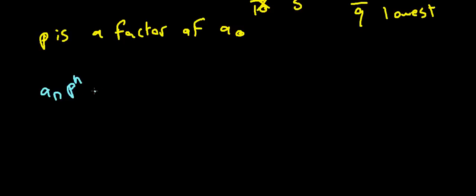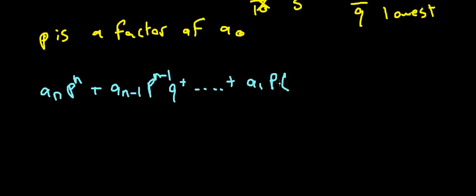But anyways, a_n p to the n plus a_(n-1) p to the n minus 1 q plus, and so on, a1 p q to the n minus 1 plus a0 q to the n is equal to 0.